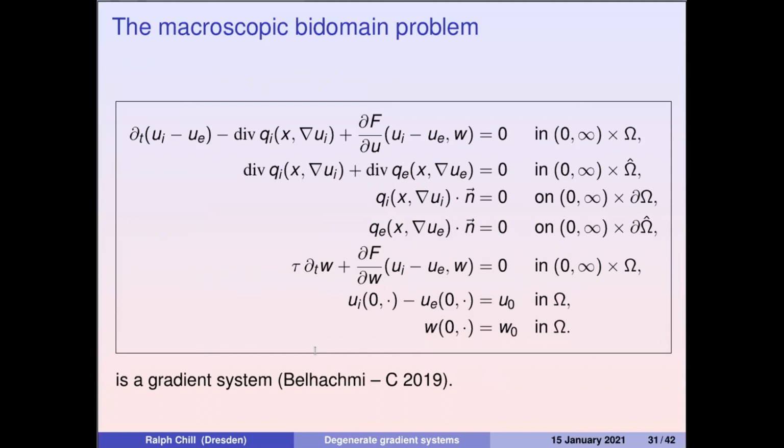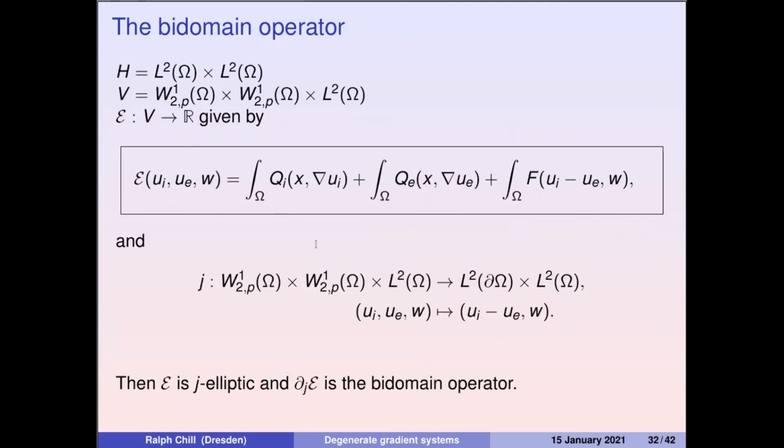The first line and this ODE below. It's an ODE, but also W depends on T and on X, but it's an ODE. So it's not surprising to take as H the product space L2 with L2, but my Banach space V is the Cartesian product of three Banach spaces.